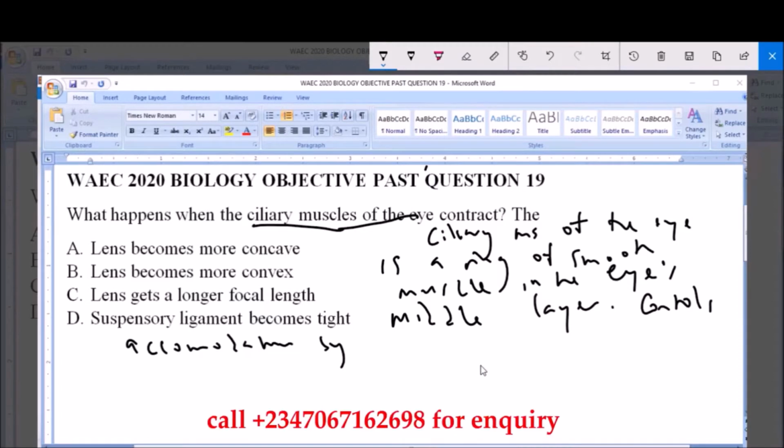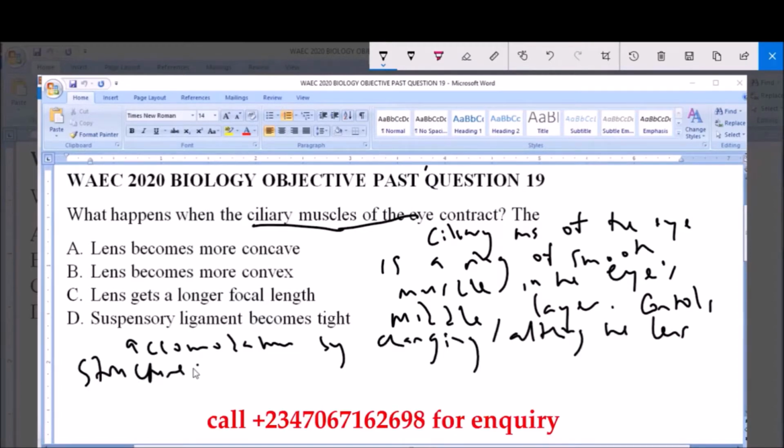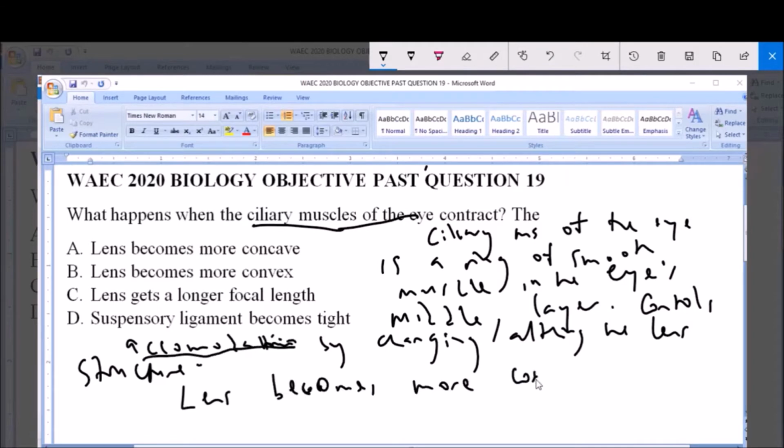When it contracts, it means that accommodation needs to take place. So when it contracts, the lens becomes more concave. And lens becomes more concave is option A, which is the correct answer to this question.